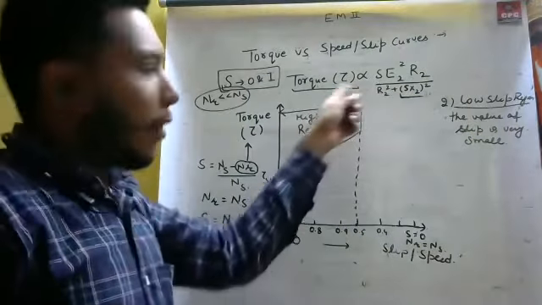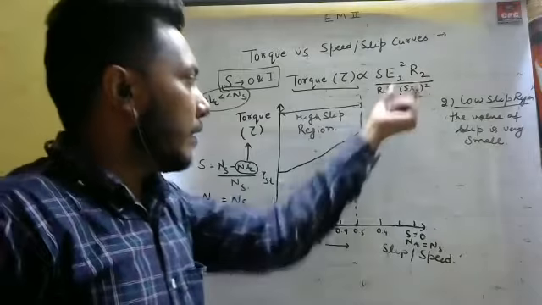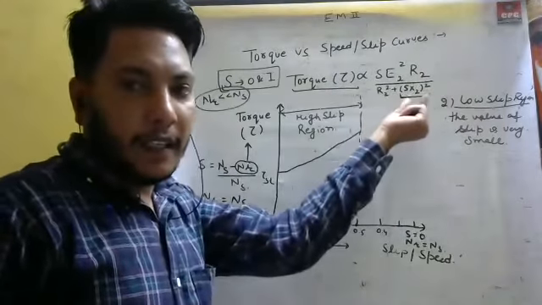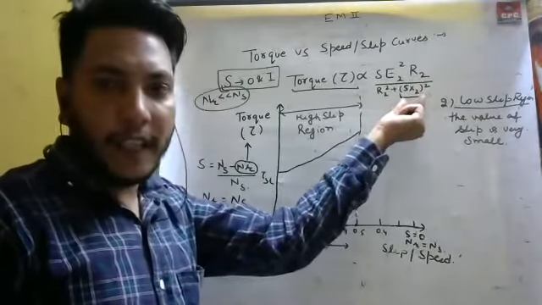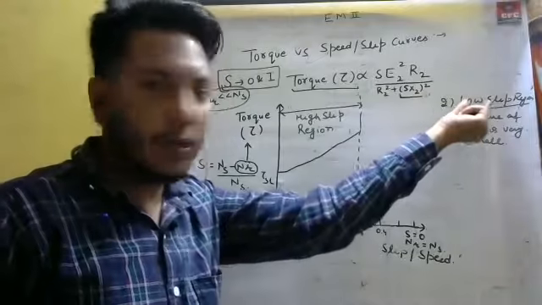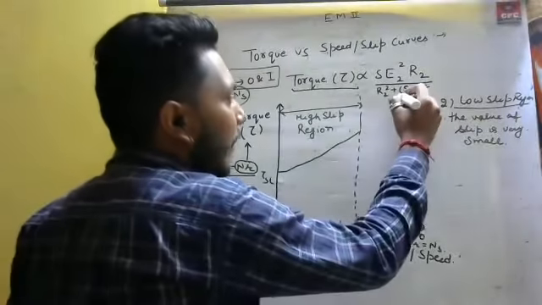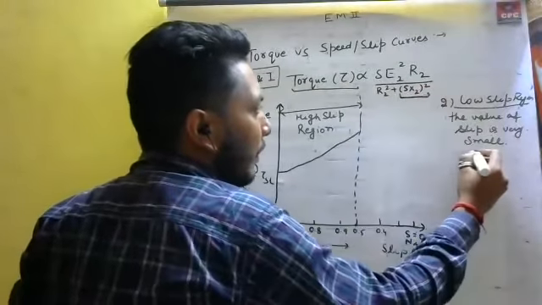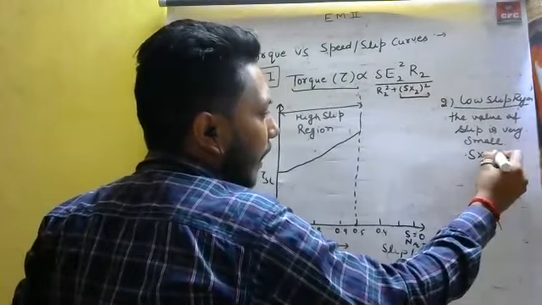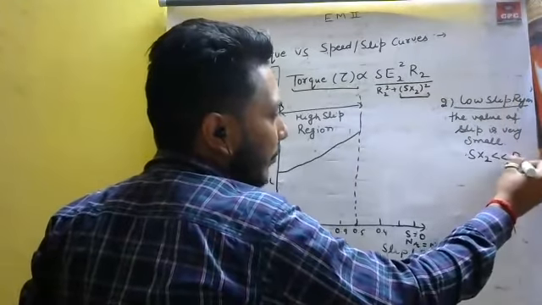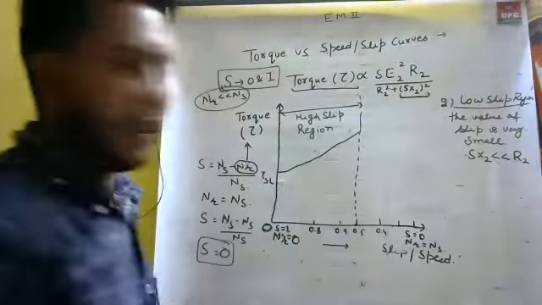So from the torque equation, we saw the denominator part here. This S x2, this is very small as compared to R2 because we are talking about the low slip region.